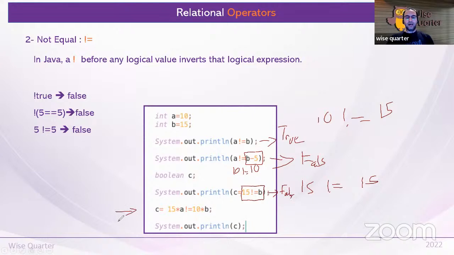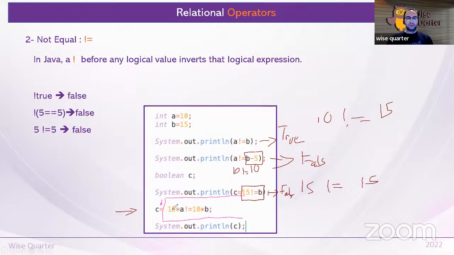This one, the most confusing one, I will use a different color for this one. First we need to calculate the right side of the equality symbol. Here, 15 times A is not equal to 10 times B. Let's calculate then.